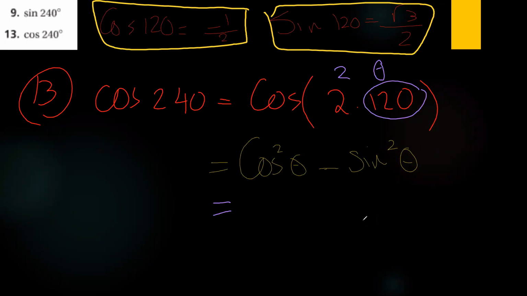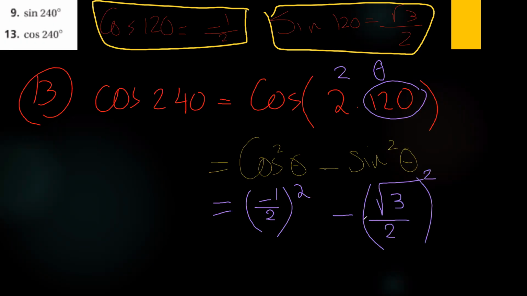So it's cosine of theta, I mean cosine of 120, which will be negative half, squared, minus the sine of 120, which is square root of 3 over 2, squared. So it will be 1 over 4 minus 3 over 4, which is negative 2 over 4 or negative half. So the cosine of 240 degrees will be negative half.